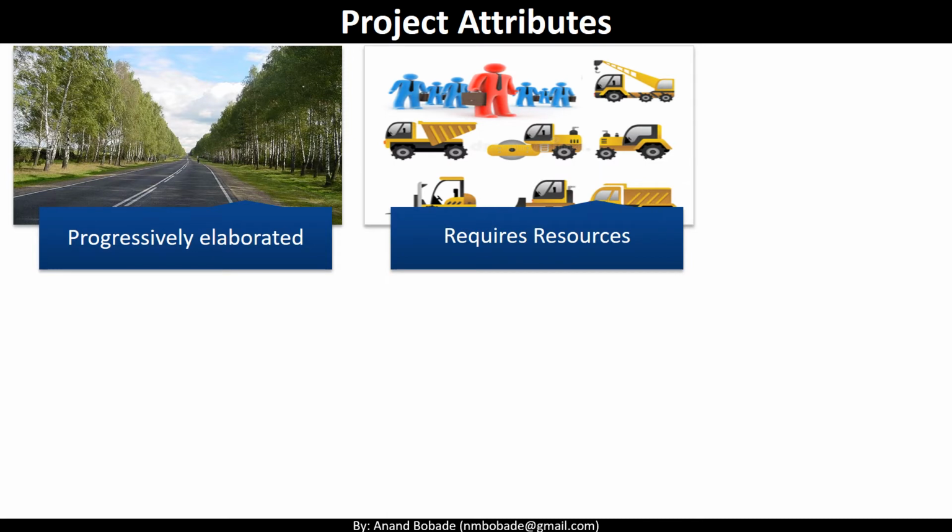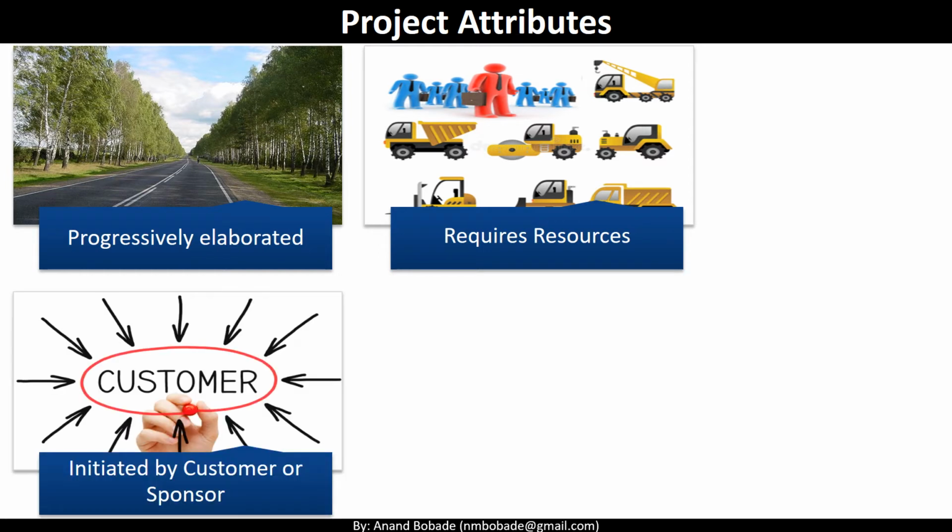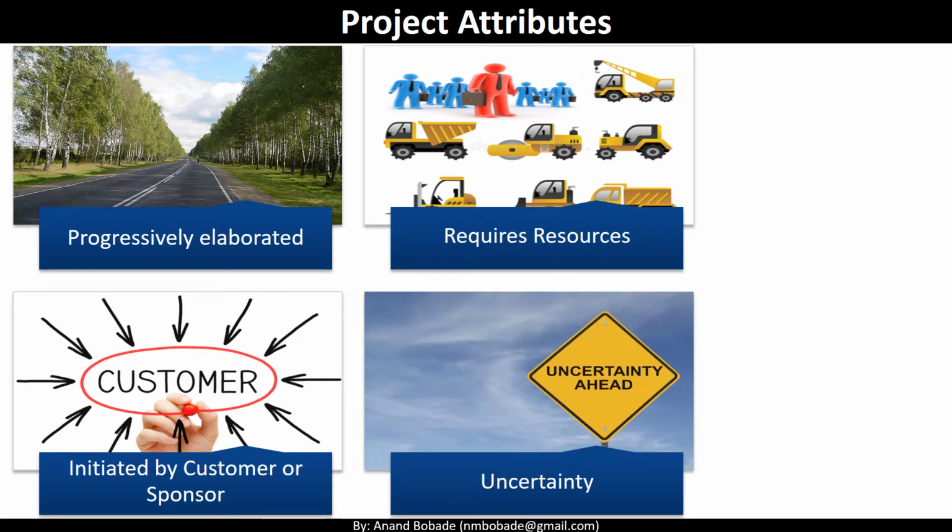Project requires resources. Resources might be human resources, it might be machines, or it might be material. Projects are initiated by customer or sponsor. And projects are uncertain. Uncertainty is high at the beginning and it becomes less as we progress towards the end.